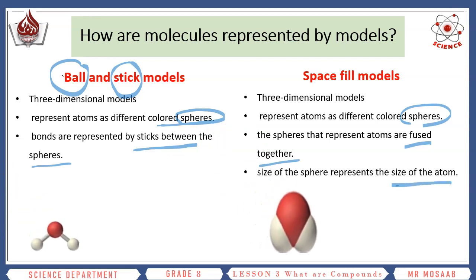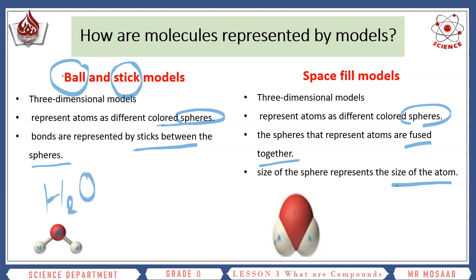Let's see, for example, here we have two hydrogen atoms, white color represents hydrogen, and one oxygen. Here it is H2O by ball and stick model, and also here H2O, but by space fill model.